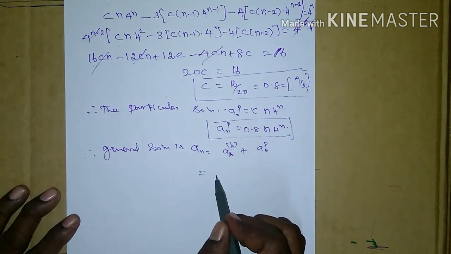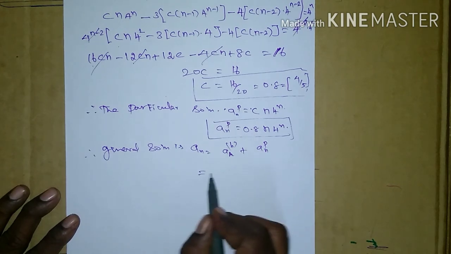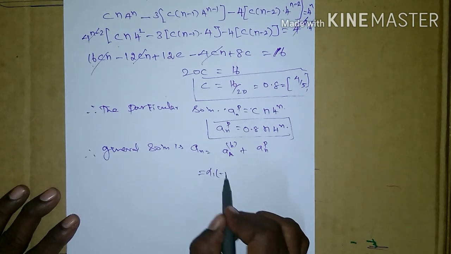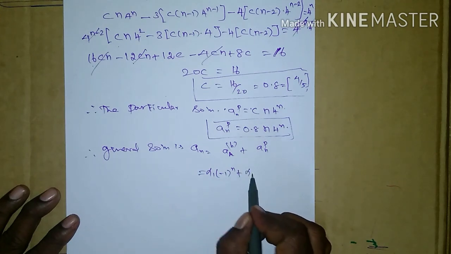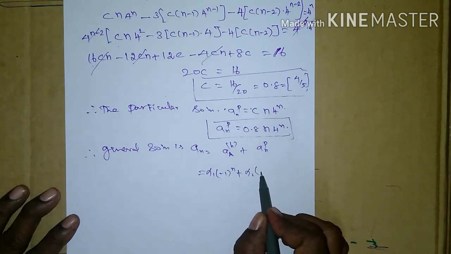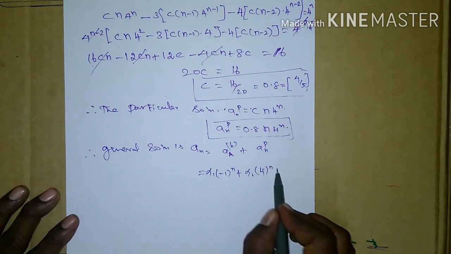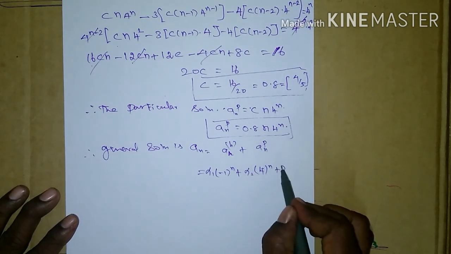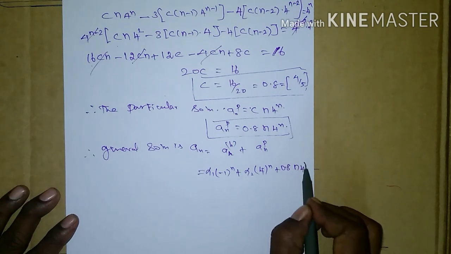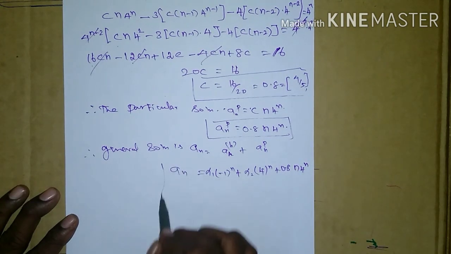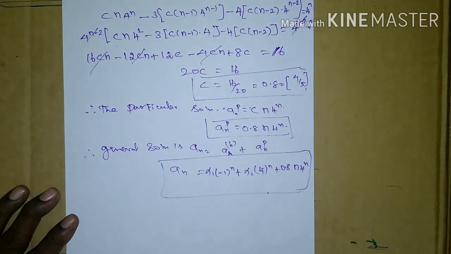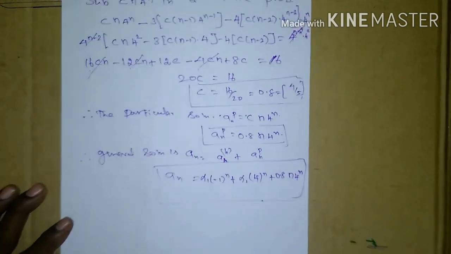The solution is alpha 1 into minus 1 power n plus alpha 2 into 4 power n plus 0.8 n 4 power n. This is an, the solution for the non-homogeneous recurrence relation.